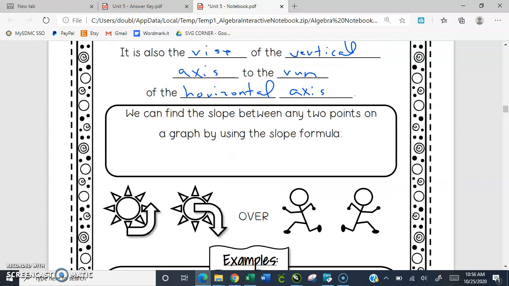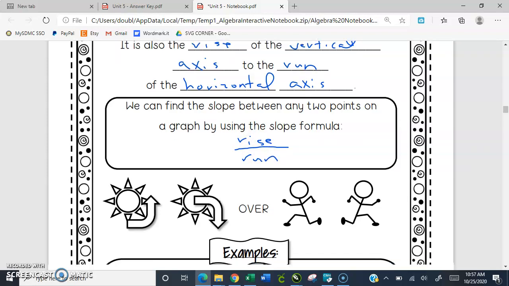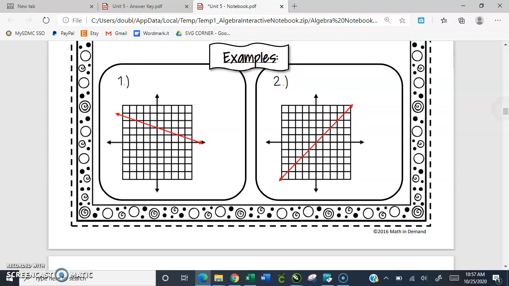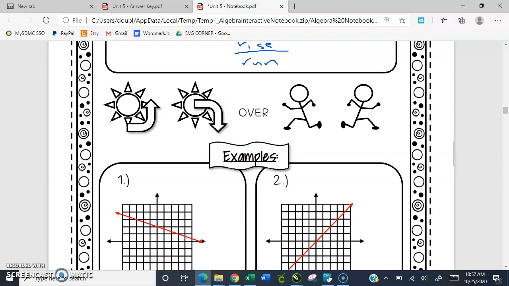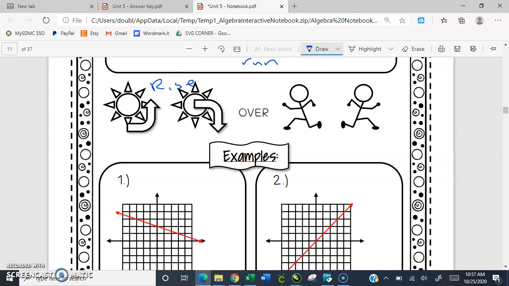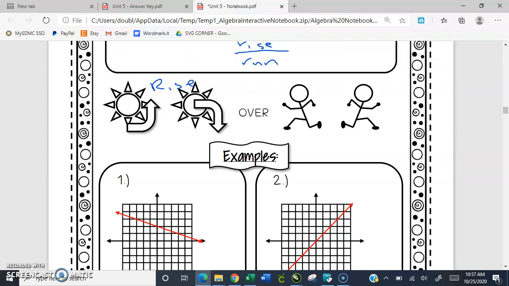So we can find the slope between any 2 points on the graph by using the slope formula: rise over run, or rise divided by run. So this is our rise. Now we may rise up or down depending on what our slope says.